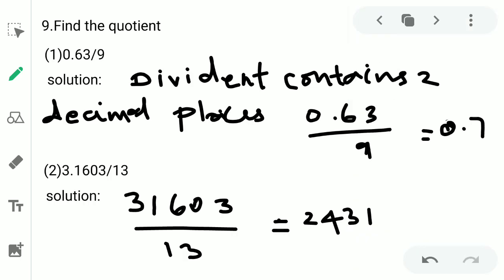Moving to the ninth question: find the quotient. Previously I said that it is one of the concepts in the exercise, and I will tell you the concept.